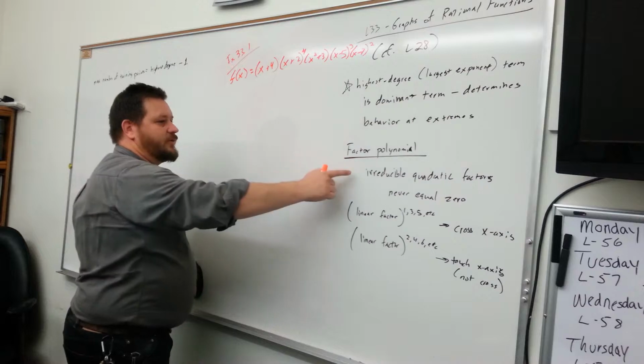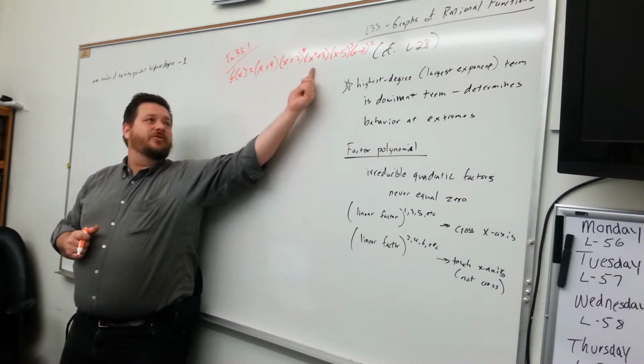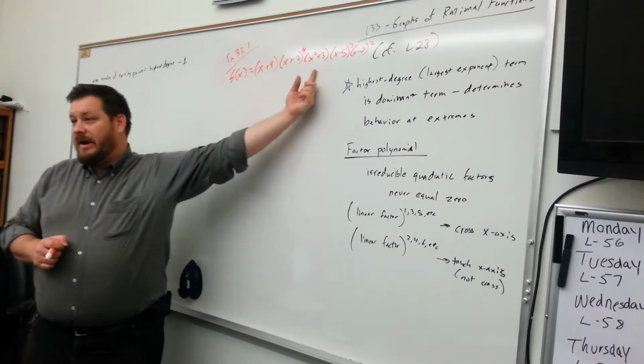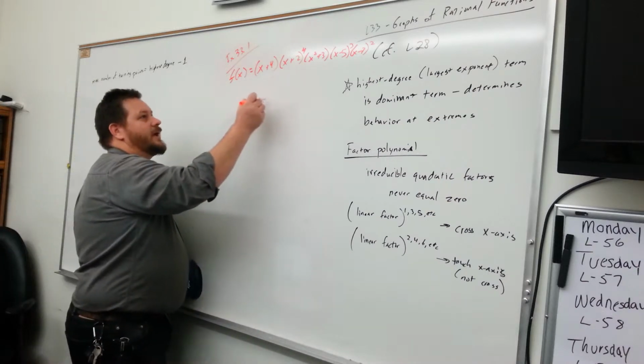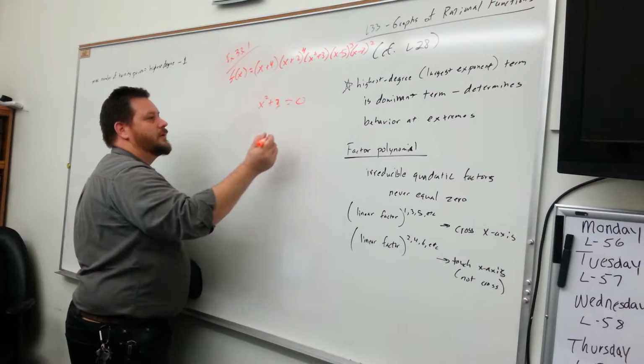This one here is an irreducible quadratic. What value of x would it take to make this equal 0? Is there not any? Not any real number. Is there any way that x squared plus 3 is going to equal 0? No, actually.